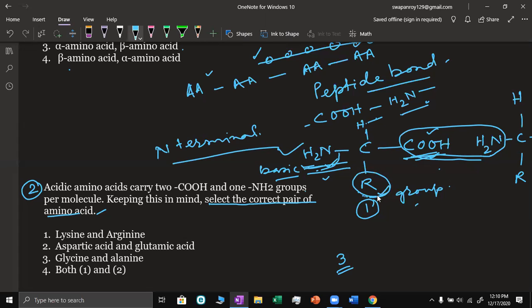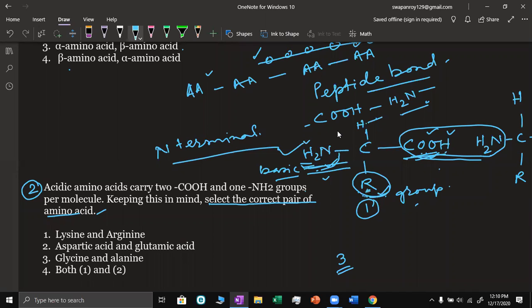If this R group is acidic, then the amino acid will be acidic, because these two balance and neutralize each other, one acidic and one basic. If here it is a basic group, then it will be basic. If this one is neutral, then the amino acid also will be neutral.